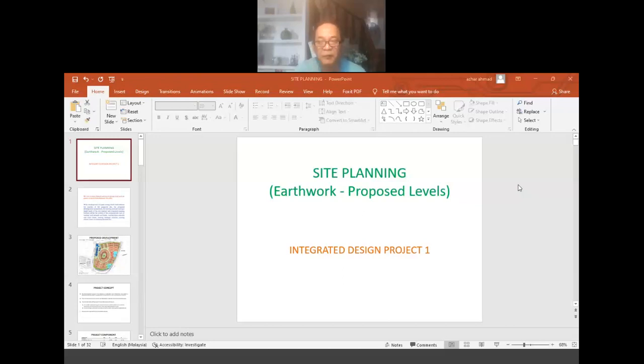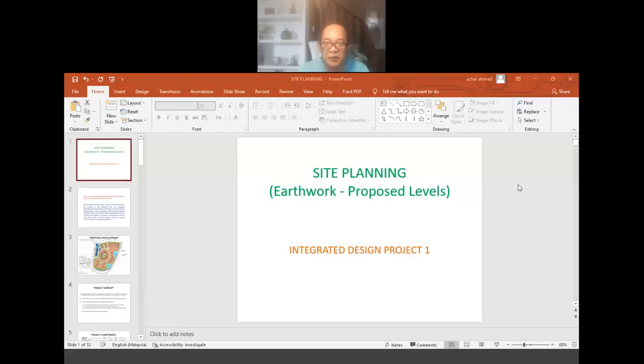So before we even start using our calculator, it is important that we come into a stage which we term as site planning, right? Site planning is basically looking at the site and trying to make sense of the site, to understand what the site is all about before the development starts.